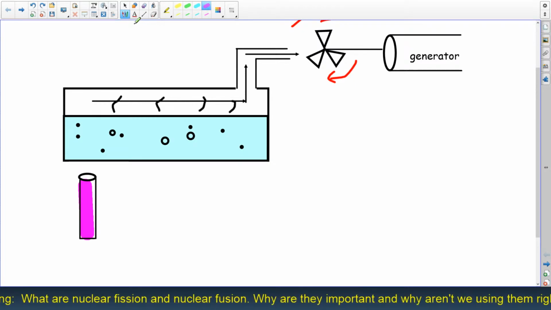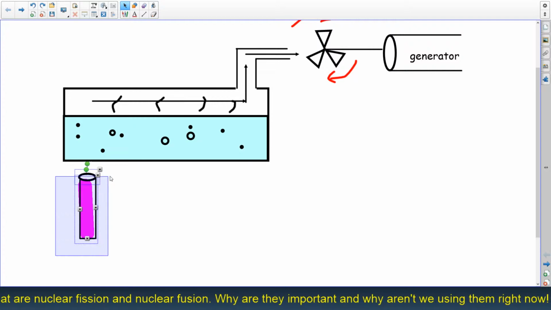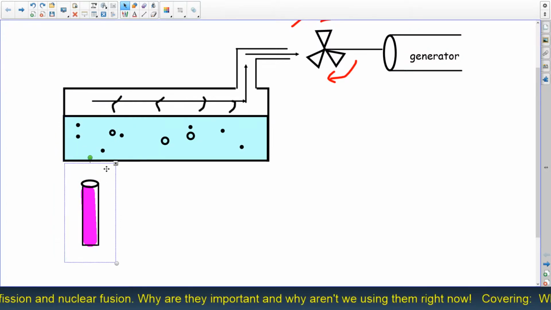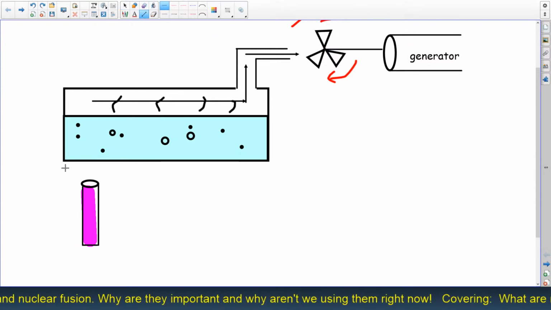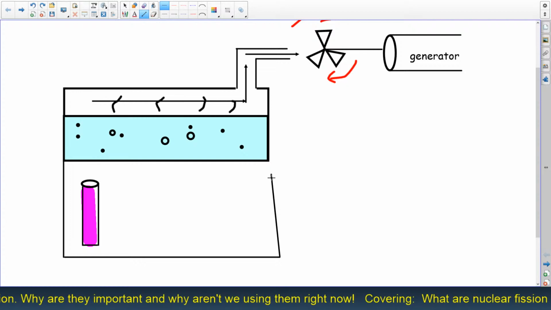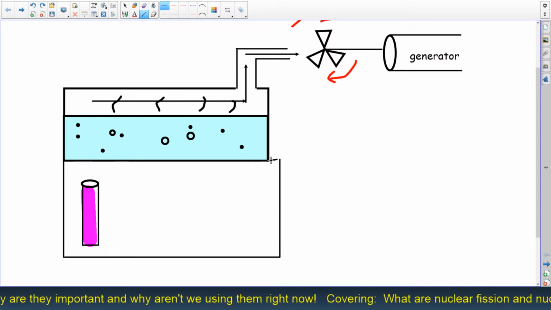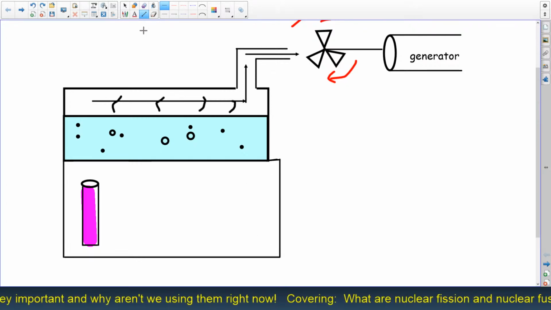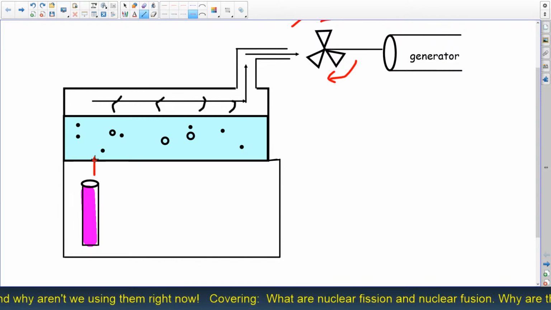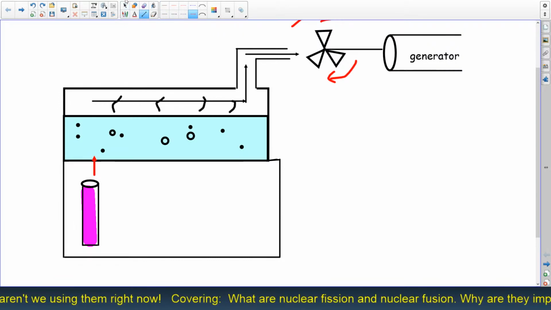And as it gets hotter and hotter, you either submerge it in the water, or to be honest with you, you actually put it into a gas, something like carbon dioxide that carries the heat up to the water, or through to the water through a heat exchanger. We'll learn about that at A level. But at GCSE, we heat the metal. The heat from the metal then travels up into the water, boils it, and away you go.